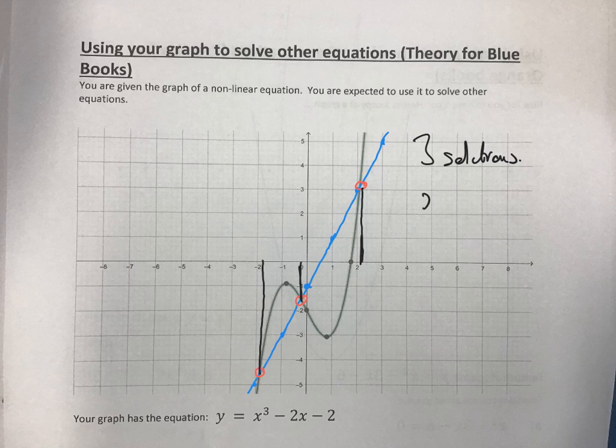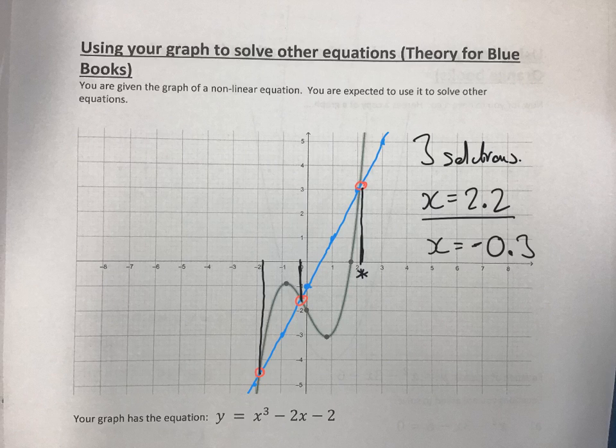One of them is going to be x is equal to 2.2, or really close to that, and that's this one here. Then we're going to get x is equal to about, see, that's a really difficult one, minus 0.3. It's negative, and it looks like it's halfway into the second box.